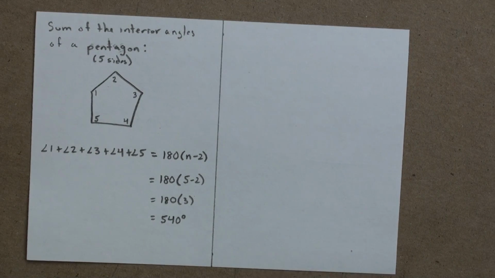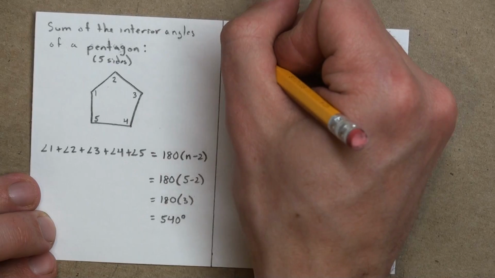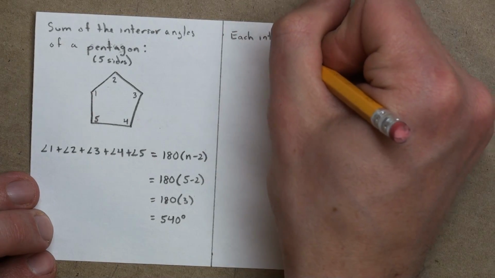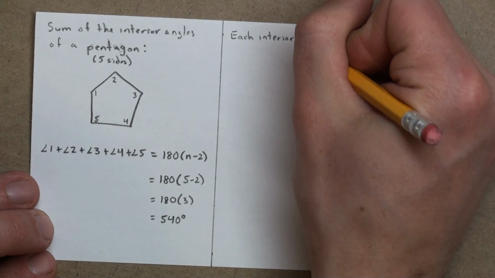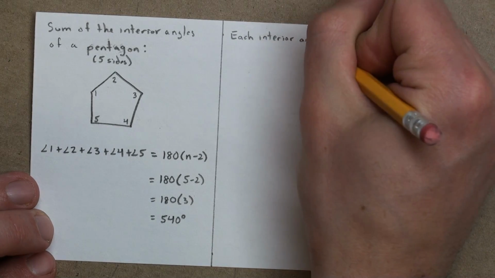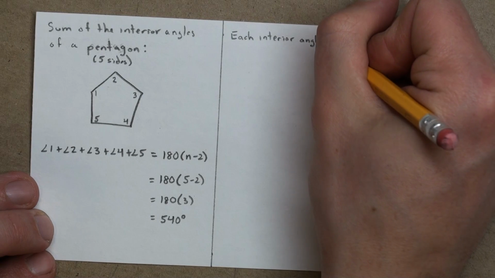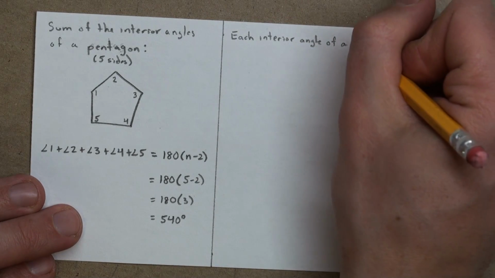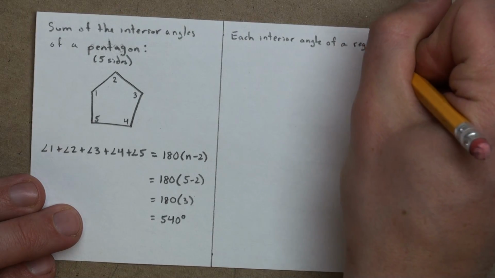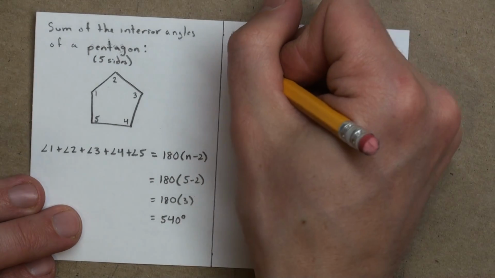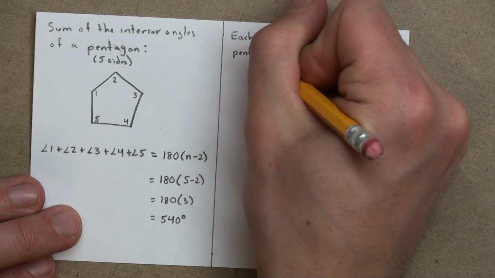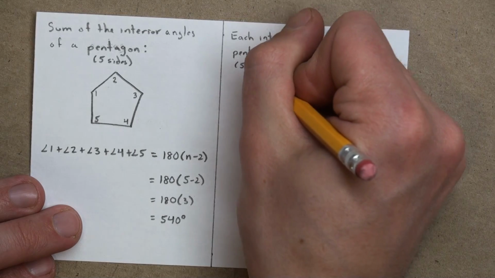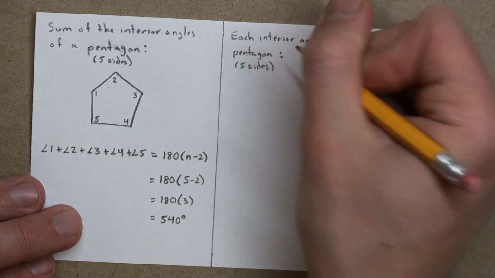And now let's do each interior angle of a regular pentagon. Remember again, it's 5 sides.